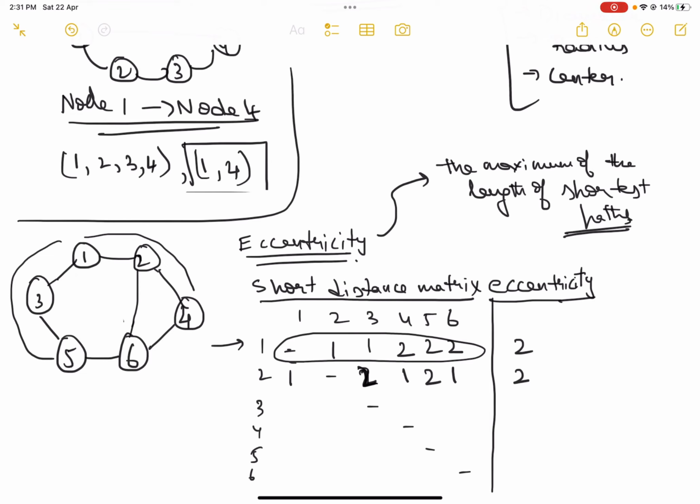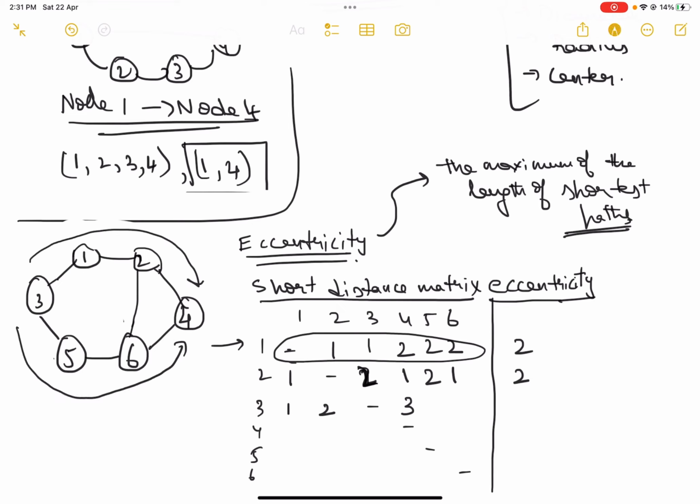Then from 3 to 1 there is an edge, so 1. 3 to 2 it is 2. 3 to 4 has 3 edges in between. For 3 to 4 you have two options. One is to go like this and the other is to go like this.